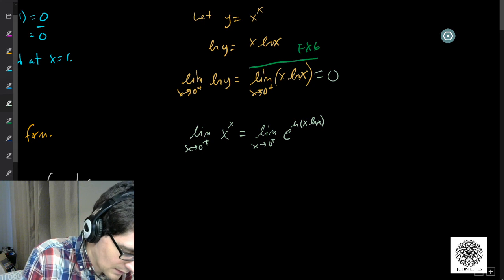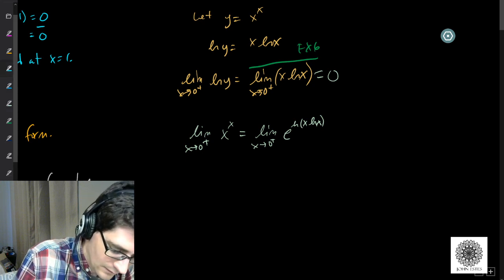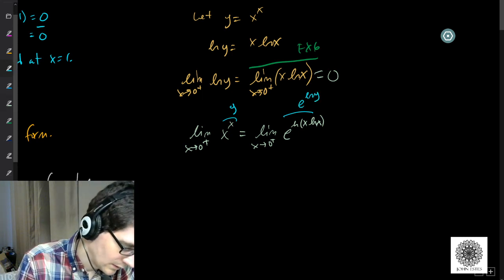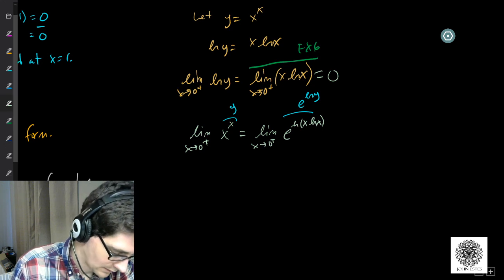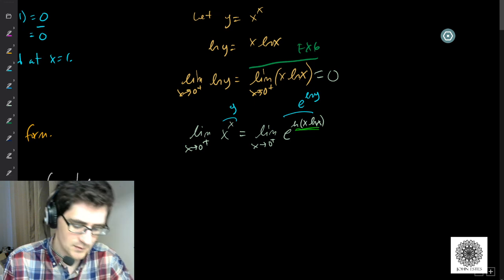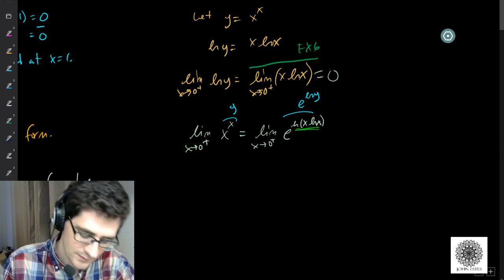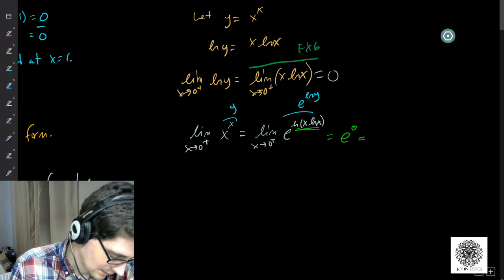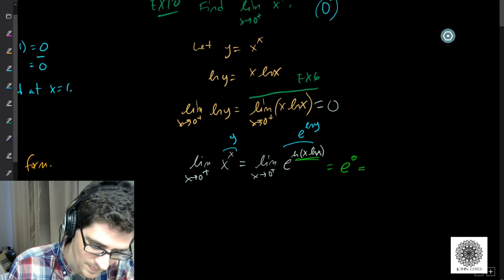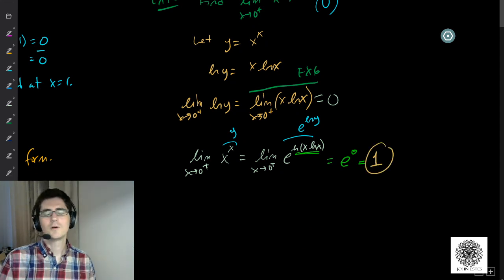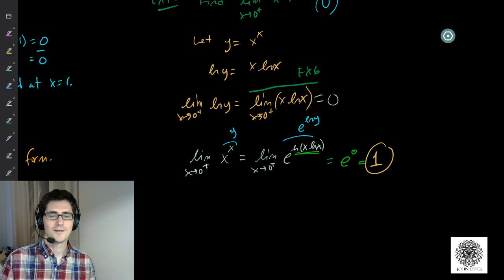So here, this is y, and this is e to the ln y power. And we know what's happening to that exponent: it approaches 0. That's what we did in example 6. So this is going to end up being e to the 0 power, which is 1. 0 to the 0 power, in this case, was 1. It won't always be 1. It just depends on the context.